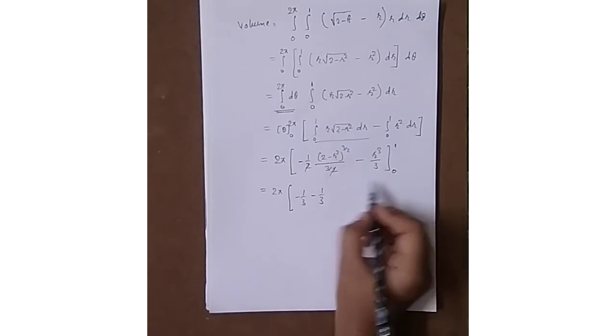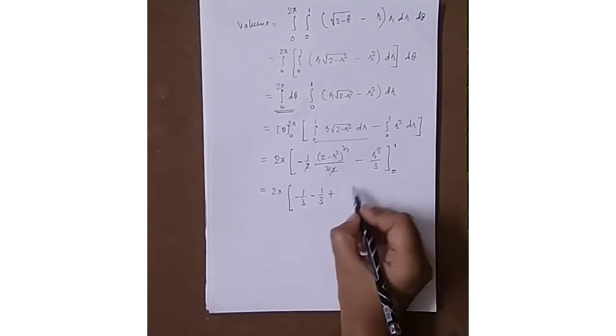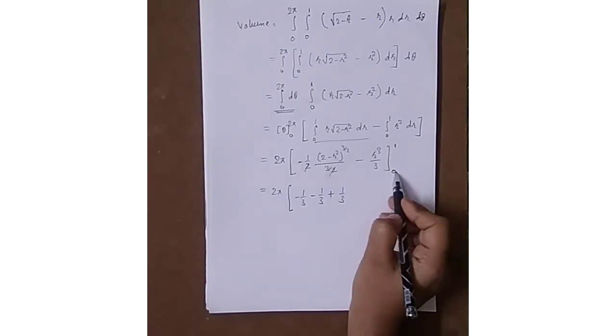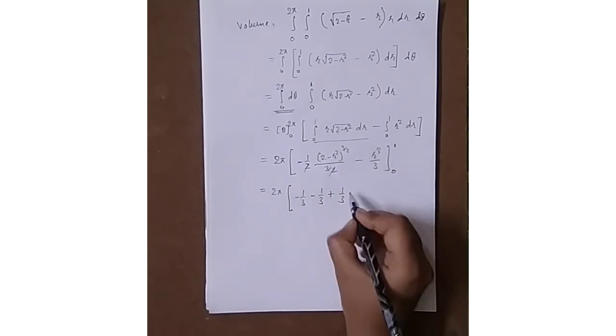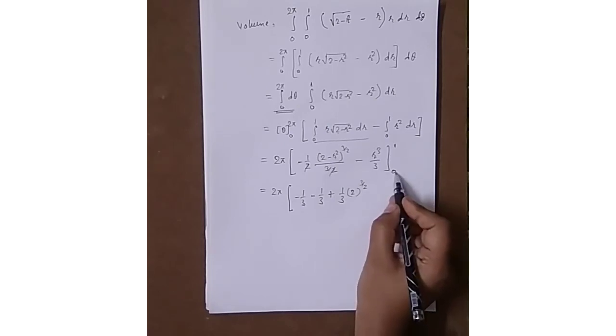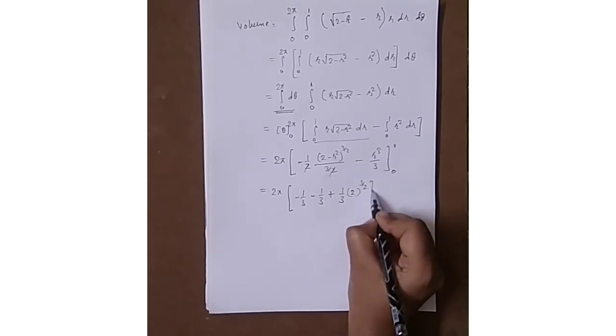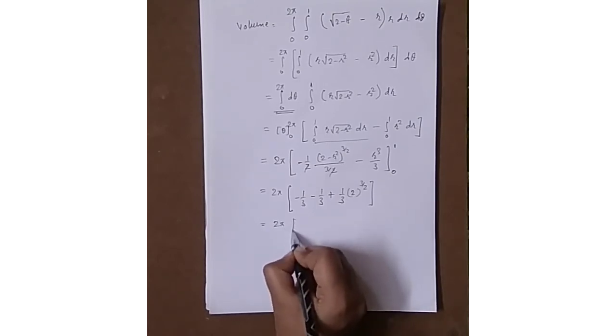Next we put 0, so here minus and minus become plus, so 1 by 3, and put r equal to 0, so this term becomes 0 and 2 to the power 3 by 2 upon 3 by 2 plus, and putting 0, the term becomes 0, so it is equal to 2 pi.